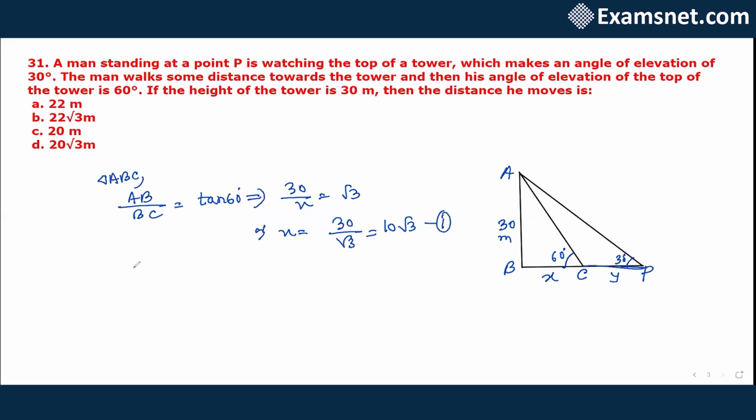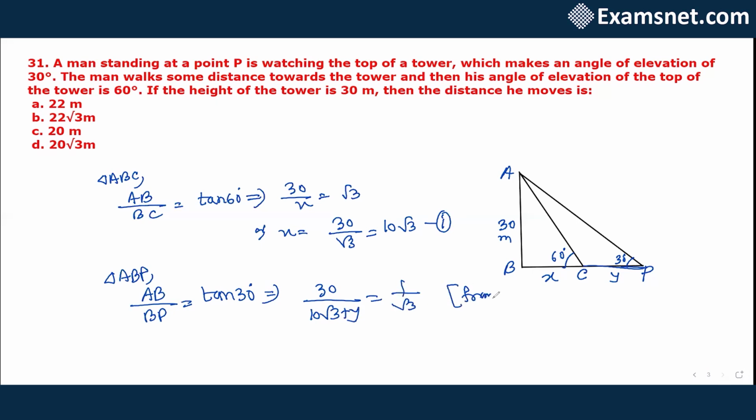Next, we can consider the triangle ABP. Here AB by BP equals tan 30 degrees. So 30 by BP, we already got the value for X, that is 10 root 3, plus Y, equals 1 by root 3. In a bracket, we can write from 1.